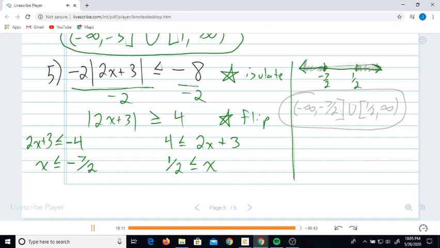They are both included in the solution set because they're or equal to, and they are beyond these values. So if we write our solution set, that's -infinity to -7/2 with a bracket, union 1/2 to infinity. And there we have it. And thus we have our solution set for example 5.